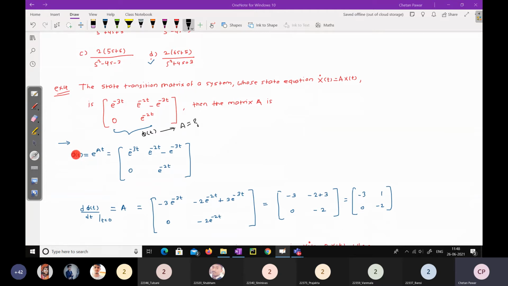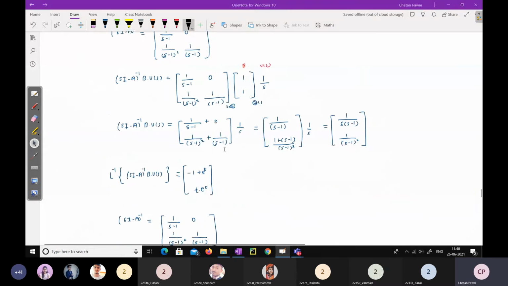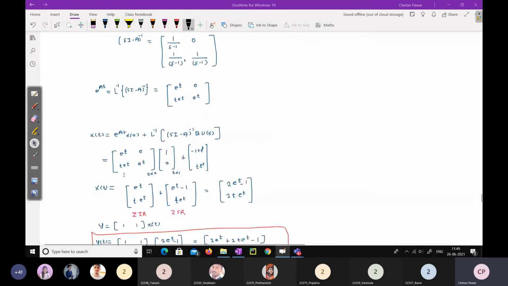If I differentiate phi of t with respect to t, and put t equal to 0, I get the matrix A. This is the last property of the state transition matrix that we have seen. If you differentiate a state transition matrix and put t equal to 0, you will get the system matrix. So I will apply that property here.